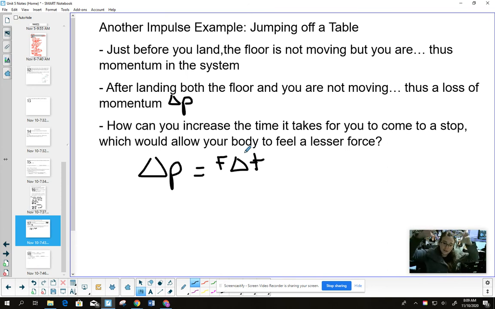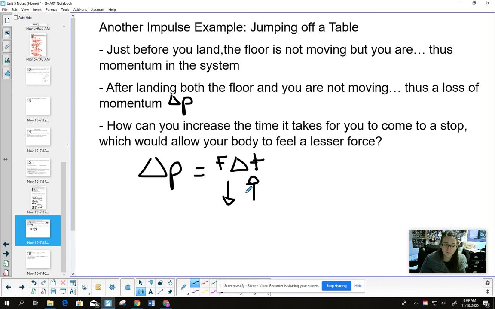So if you can bend your knees as you land, this increases the time it takes your body to come to a stop, which will decrease the force. Again, if I can increase time, I will decrease force, and vice versa.